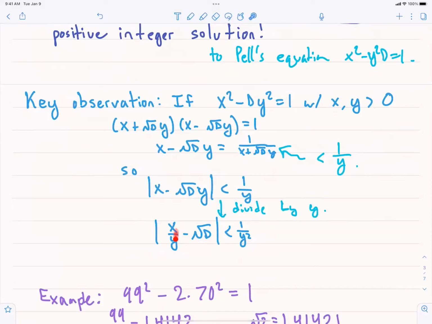And so that's telling you x over y is a pretty good approximation of square root of d. So this says x over y is a fraction that approximates square root of d pretty well.